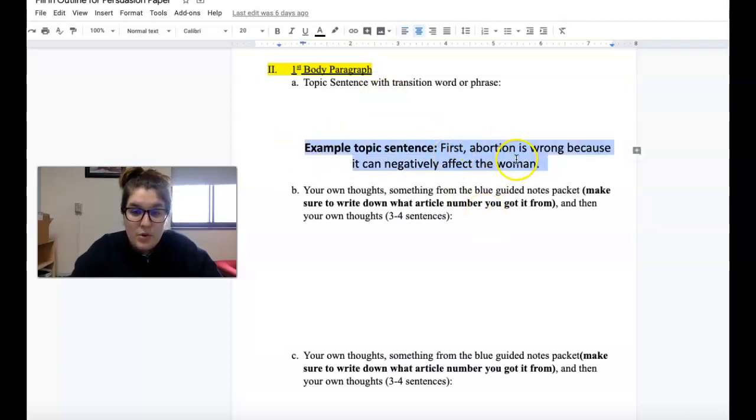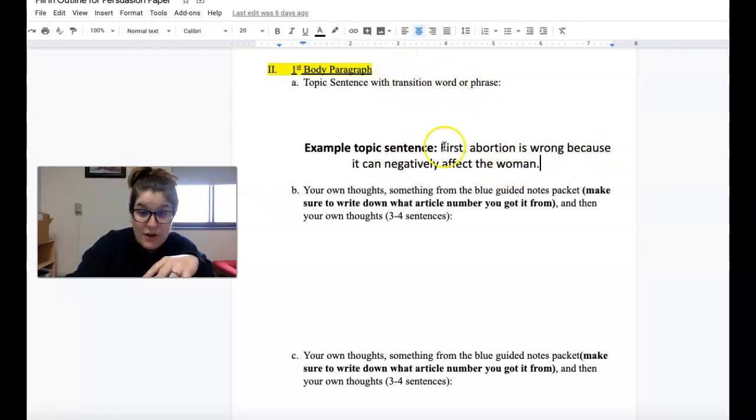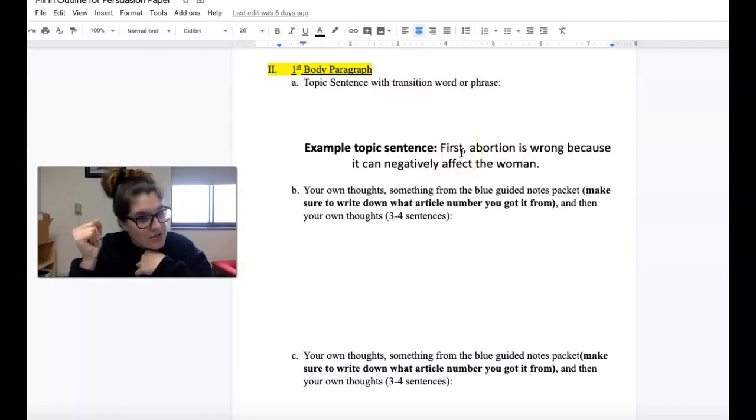So first, abortion is wrong because it can negatively affect the woman, okay? I got my topic sentence. It's telling me what the paragraph's going to be about, how abortion is wrong because it can negatively affect the woman. My whole paragraph is going to be about that, okay? A transition word or phrase would be like first of all, in the first place, something that triggers in my brain to say, this is the first thing they're talking about.